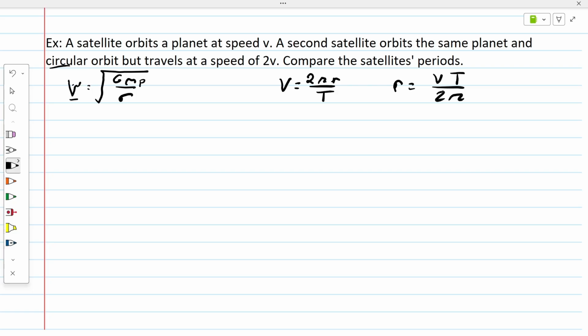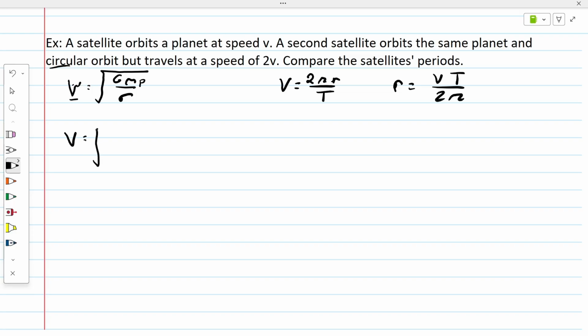So now that we have the radius, we can plug this radius back into our equation. You could also set this equal to the equation and then solve for it, but we'll do it this way and see what happens.